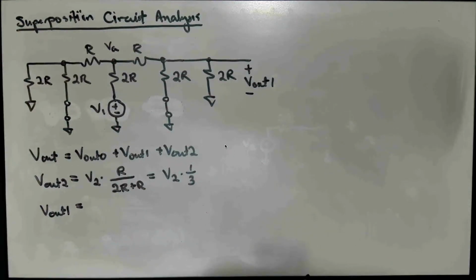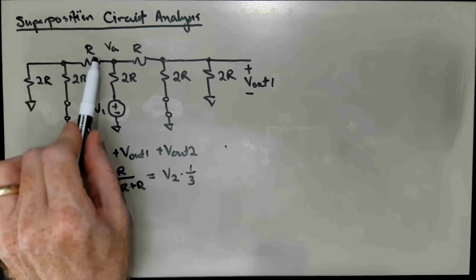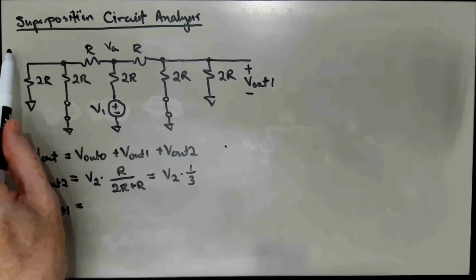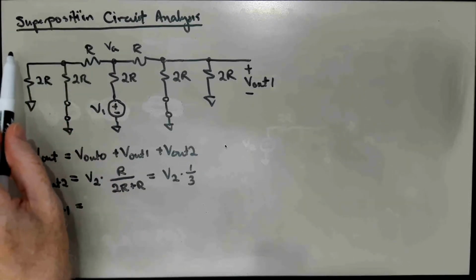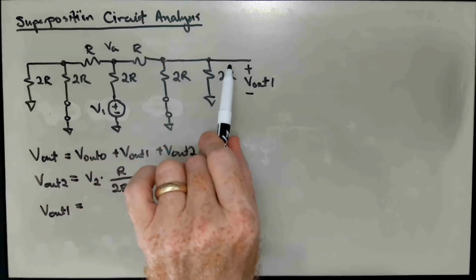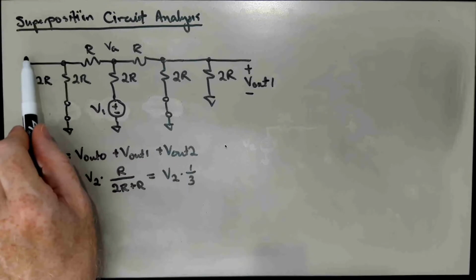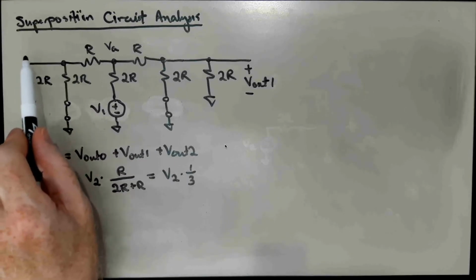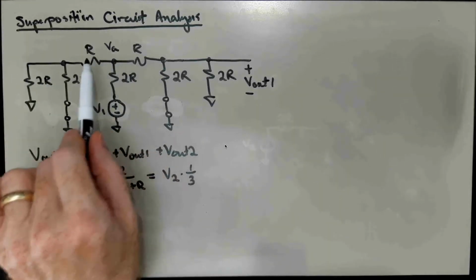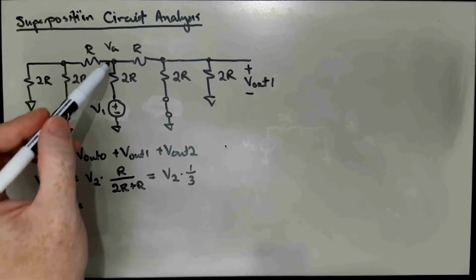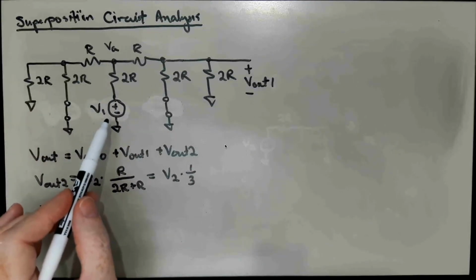We could collapse this ladder into a single equivalent resistor pretty easily, and we can collapse this ladder into a single equivalent resistor, which is exactly the same as this one. And so those two would appear in parallel, and we could get VA as a simple voltage divider from V1.